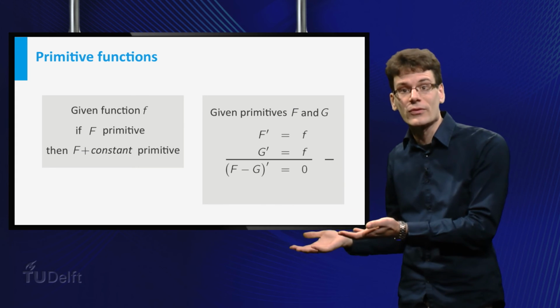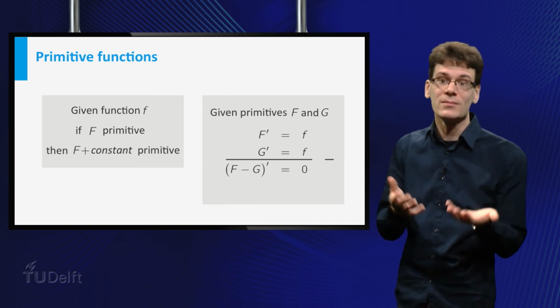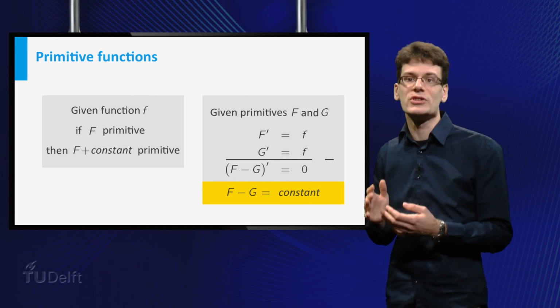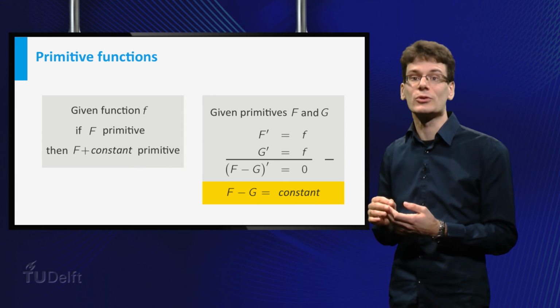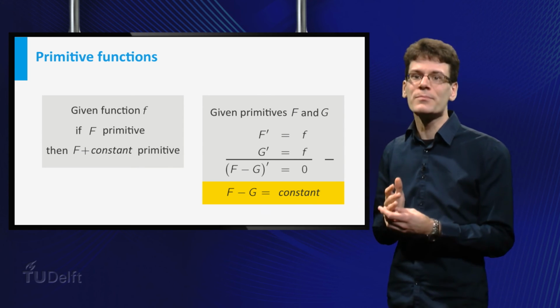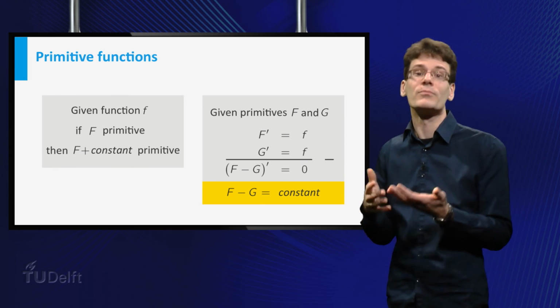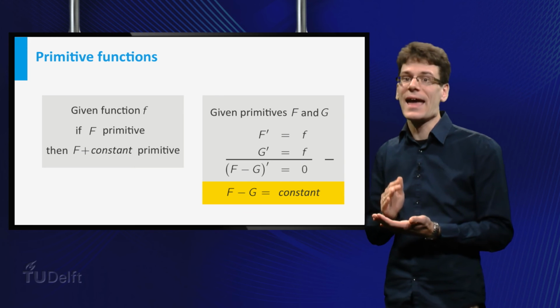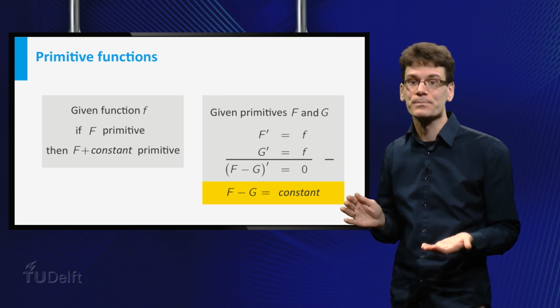So the derivative of capital F minus capital G must be 0. This can only happen if F minus G is constant on the interval of integration. The important conclusion is that you have one primitive function, capital F, of small f. You can find all others by simply adding an arbitrary constant.